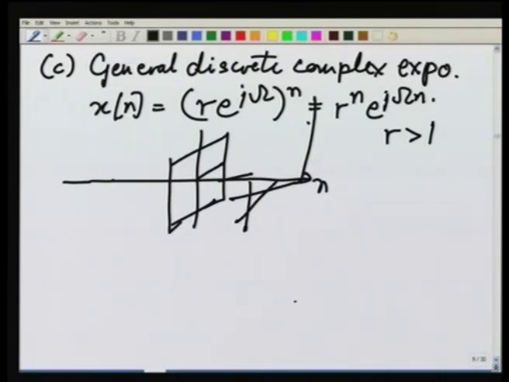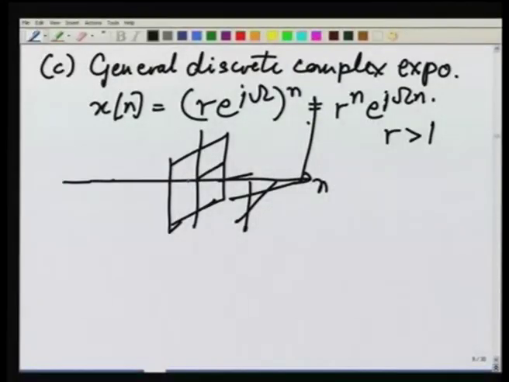Does not look very clear from the graph, but that is how it is. That is the best we can plot. Towards negative time, it would get smaller and smaller, diminishing for negative n.